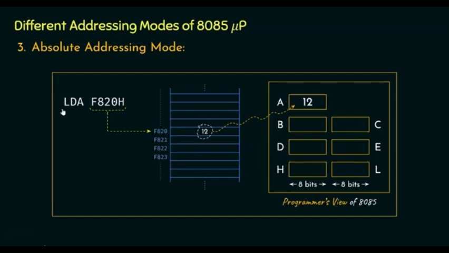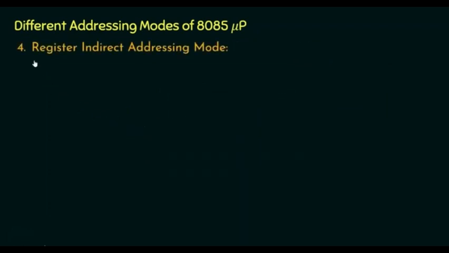And with the help of execution of this instruction, the data is then loaded within the accumulator register. Since we are sending the address of the data directly through the instruction, this addressing mode is also known as direct addressing mode.